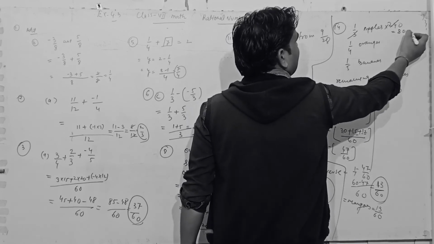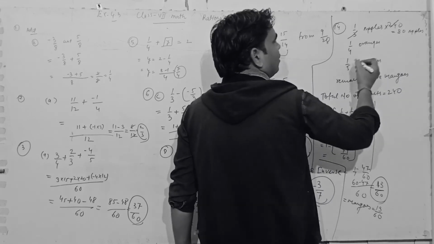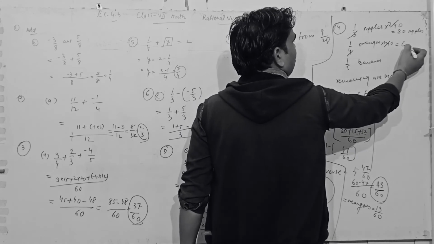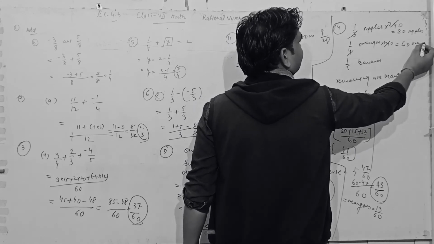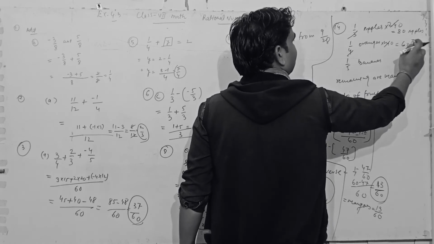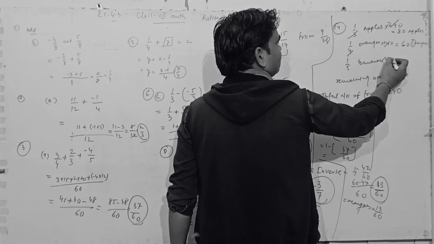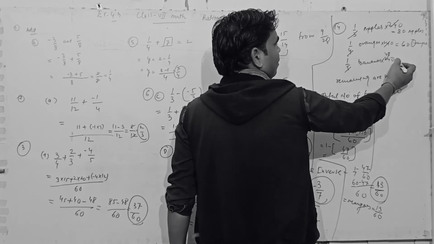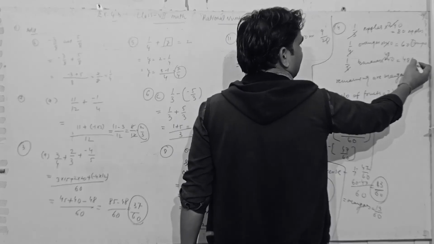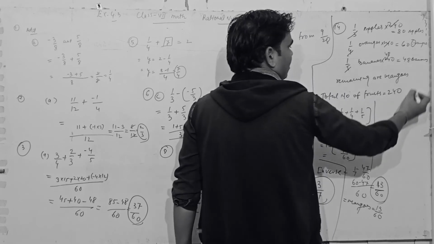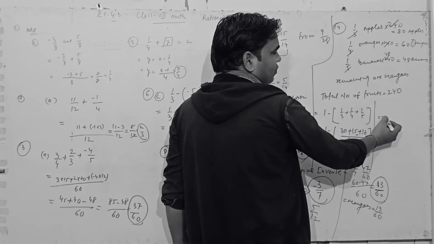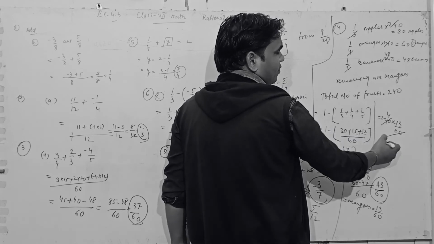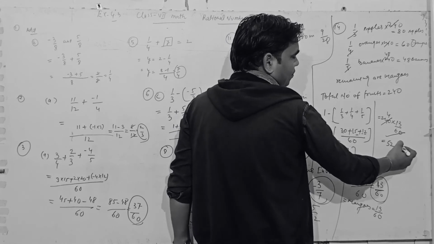So here 80 apples, and here you see 240 divided by 4, so here 60 oranges, and here 5 times 48, 48 bananas, and the remaining part 240 times 13 over 60, here 4 times 13, you see 52 mangoes.